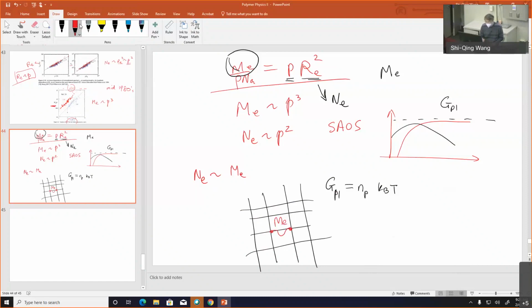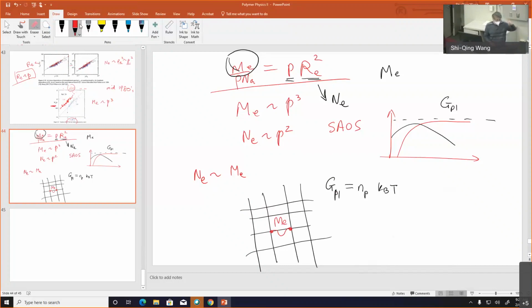In other words, the G for a melt, this PDMS, it has a particular level of modulus, that gives you a sense of elasticity.